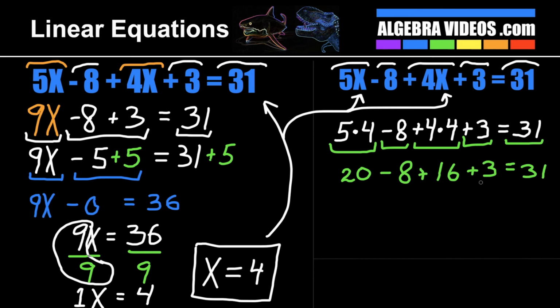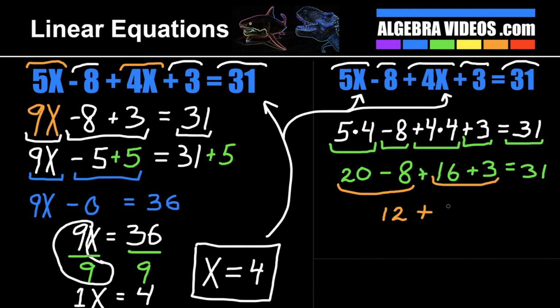Now we're getting closer and closer. So let's simplify. Again, I'm just going to do this piece right here. 20 minus 8 is 12. So I'm going to do that. And then we can simplify this next term. 16 plus 3.